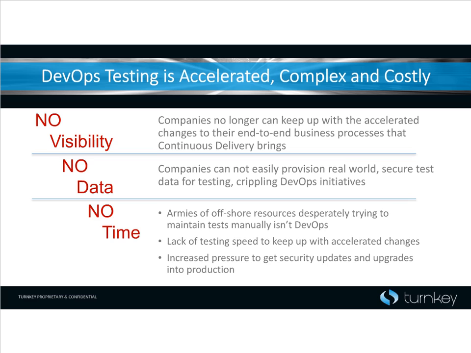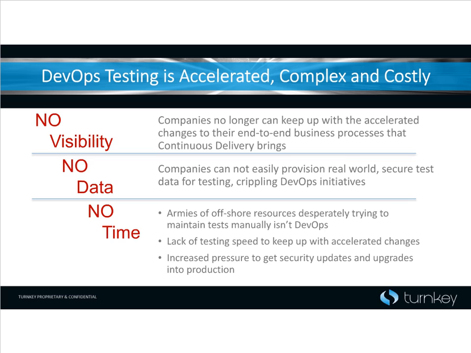And lastly, this whole notion of time and speed of delivery can also be significantly hampered by some of what I'll call old school methods for managing the quality process. So having a significant offshore manual presence isn't really DevOps.